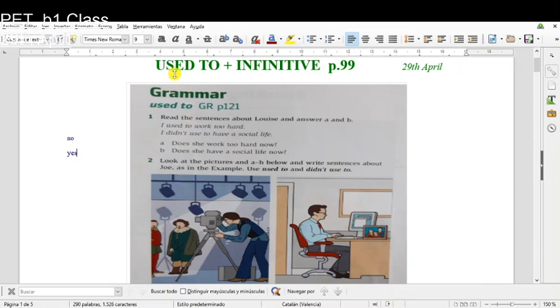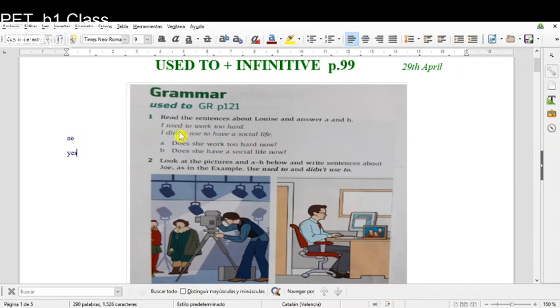Because we use used to, solía, to express something, a routine that we had in the past, but not now, or when we use it in negative, I didn't used to have a social life, it must have changed in the present.